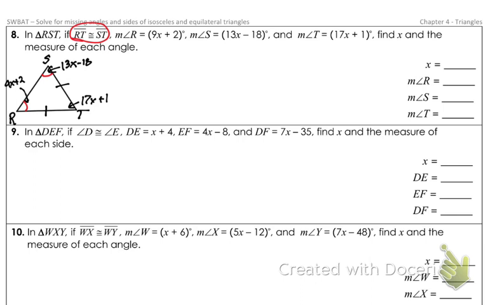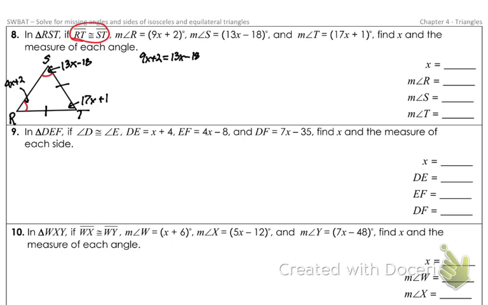Any questions on that logic? I'm throwing a third one at you just so you can't just randomly pick two things to put an equal sign between. You need to look at what's congruent. And so we can go with that 9x plus 2 equals 13x minus 18.